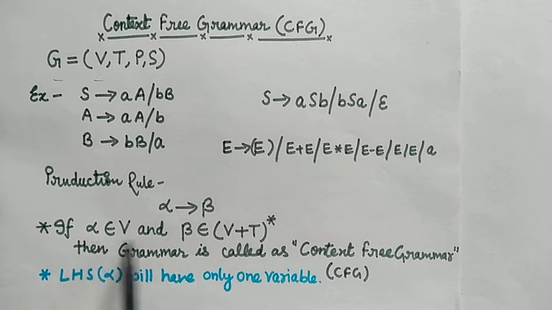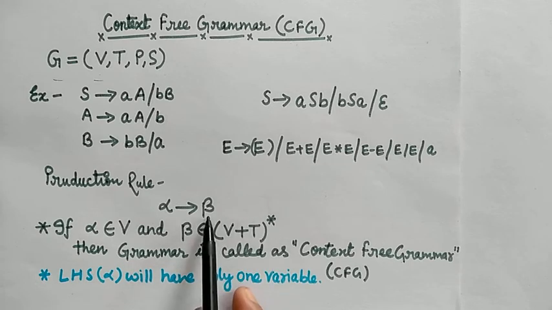Here I am writing a condition: if alpha belongs to V, that means alpha is a member of variables, we are talking about the left hand side of the production rule, and beta belongs to (V plus T) Kleene closure, that means the Kleene closure of variables and terminals. That means beta may be any combination of variables and terminals, including epsilon, including null.